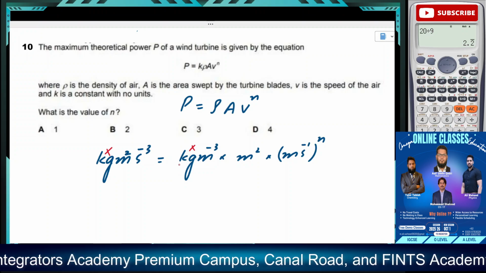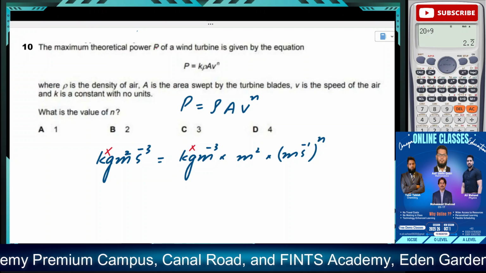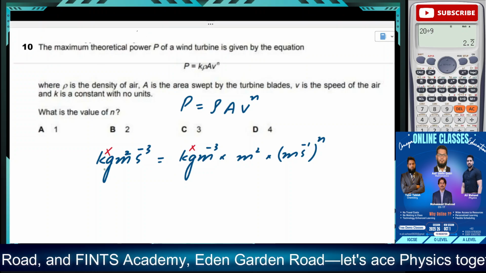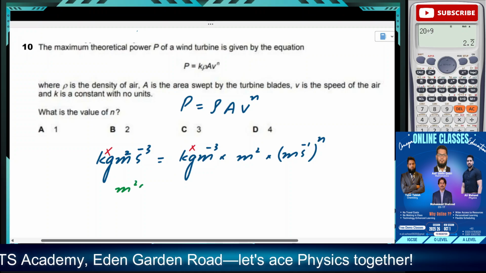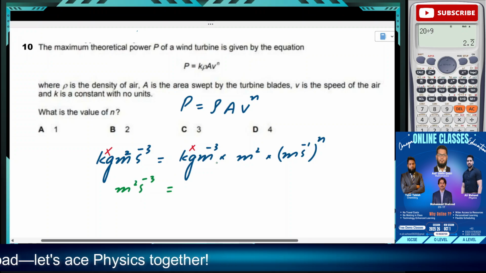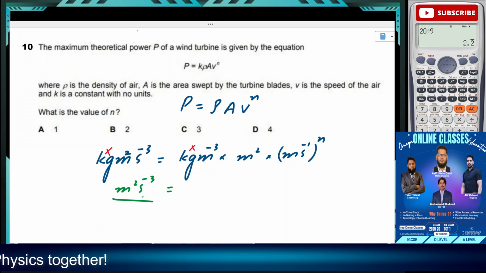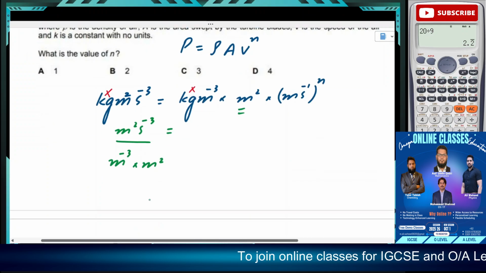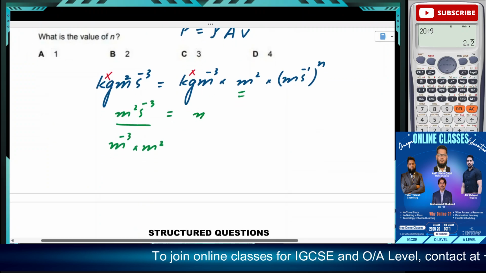What else do we have? Nothing else can be cancelled out. So what are we left with on the left side? m2s minus 3, and on the right side we'll be left with m minus 3 shifted here, m2 also shifted here, and only this thing remains on the right side.